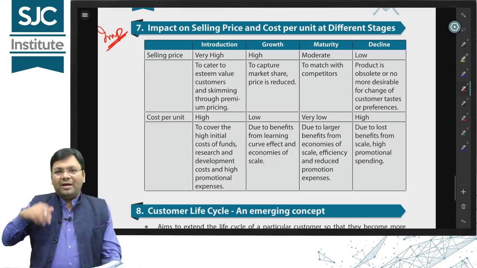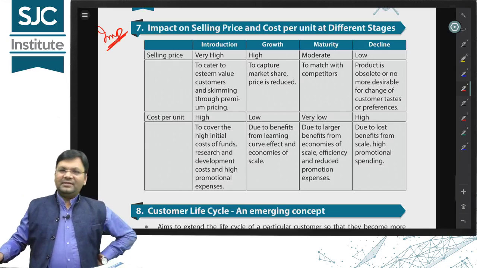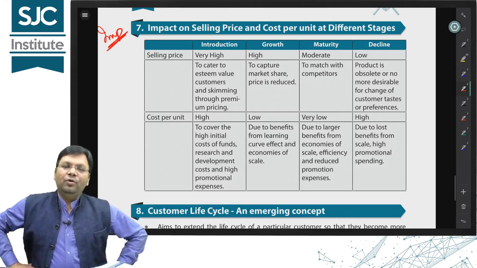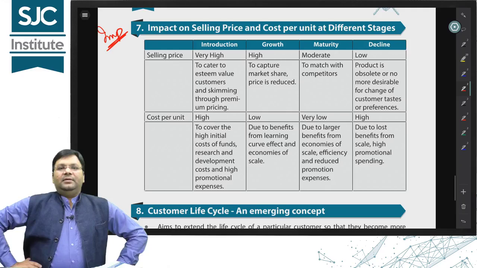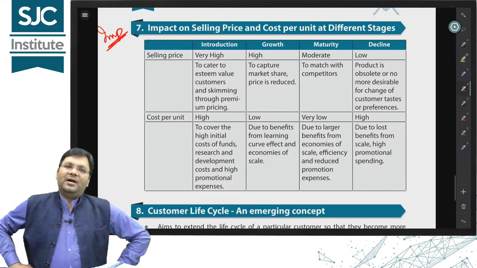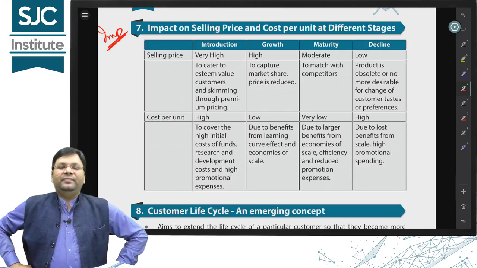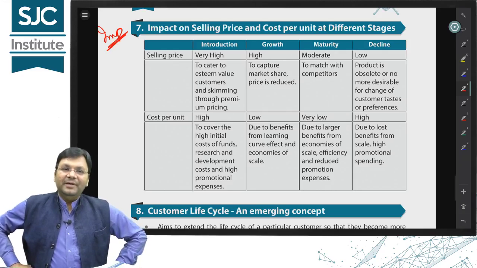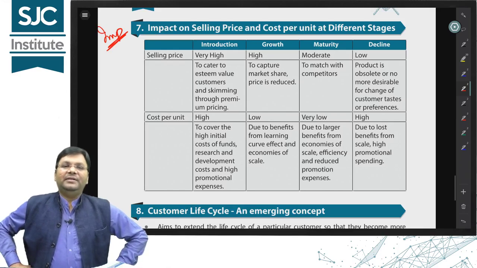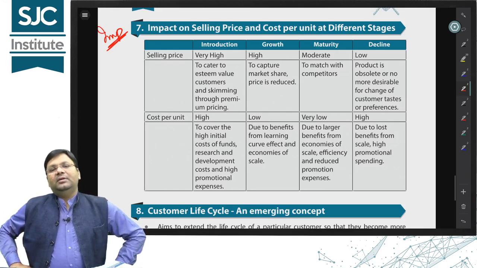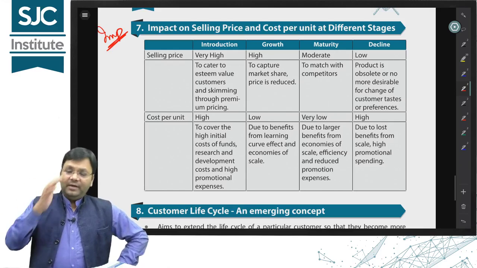Now, what are the reasons? In the first, introduction phase, why do we have a high price? Because we want to sell it to premium customers, not to all. We want to recover our initial R&D cost. In the second, growth phase, why do we reduce the price?